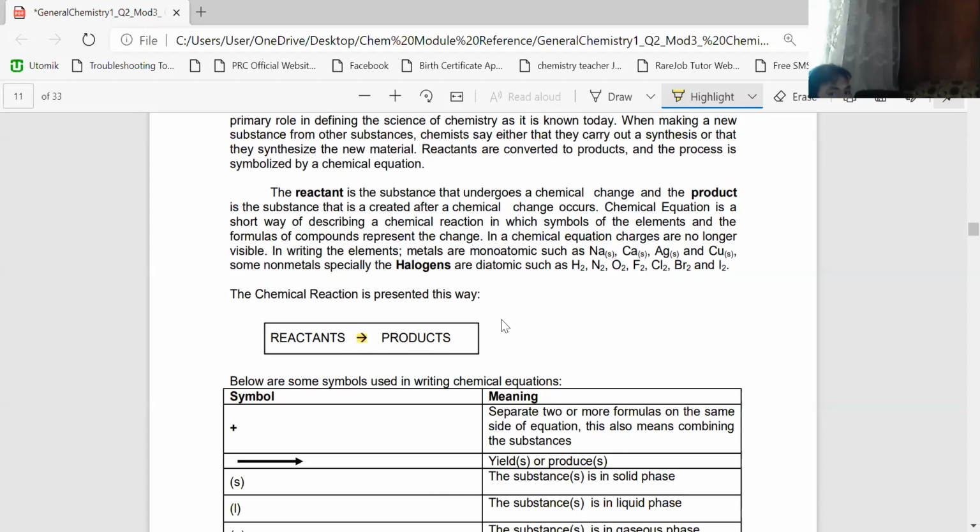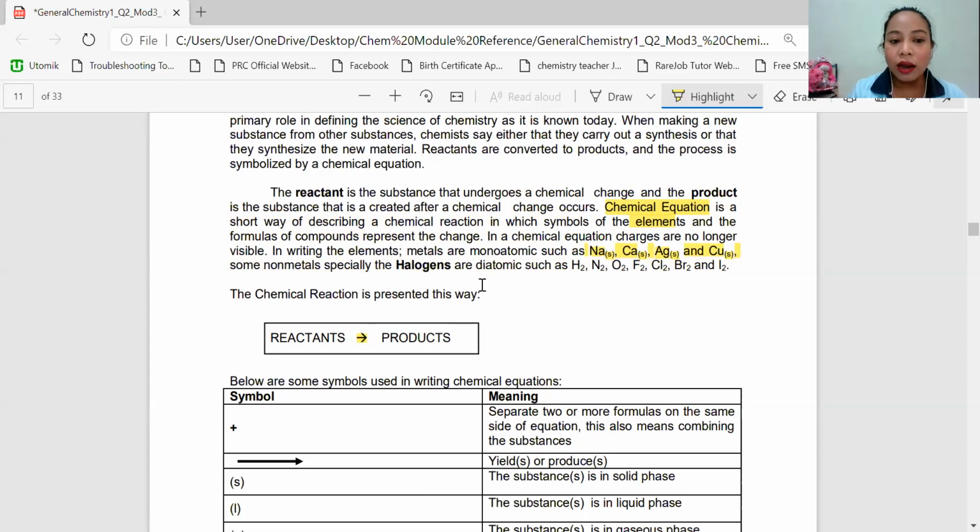Now, when we write a chemical reaction, chemical equation, we have to see to it that there are no oxidation numbers that can be seen. If we write only the element, then we can write it in its symbol, or like this, they are the same, just symbols.